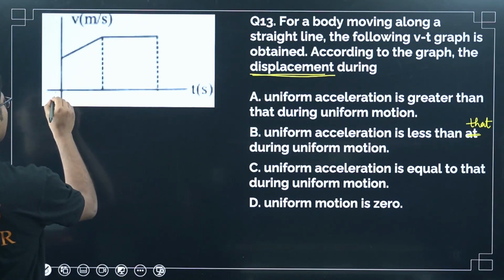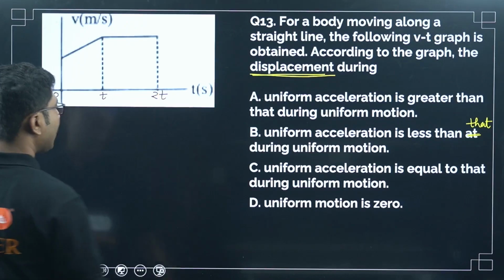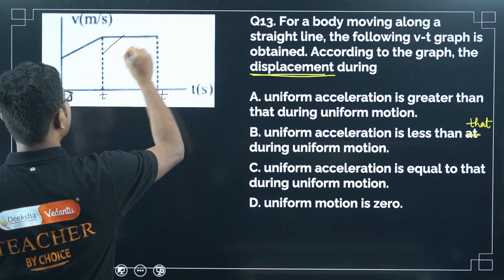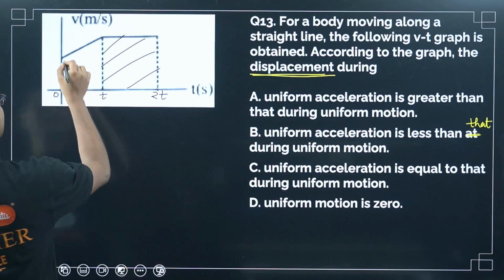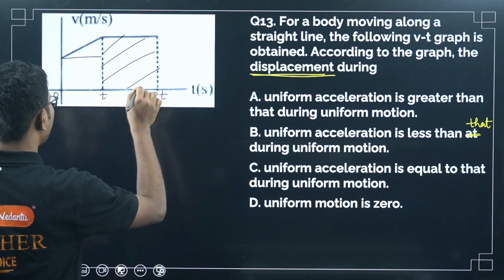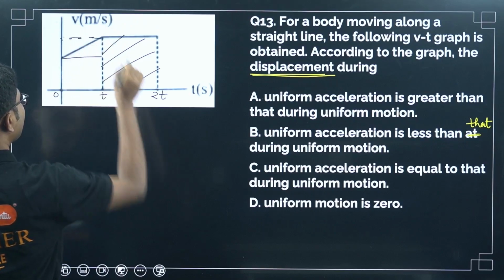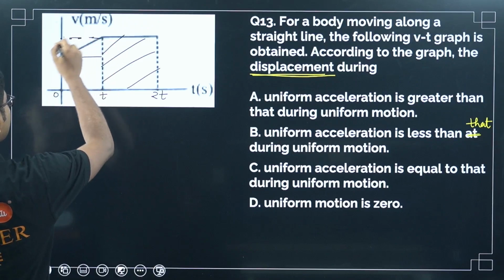So assuming that this is 0, this is t, this is 2t. What is the displacement in this case? As you can see, this is a rectangle, and this is not a rectangle. If you consider this, then it will be a rectangle of equal area, but this area is not included in this case, right?